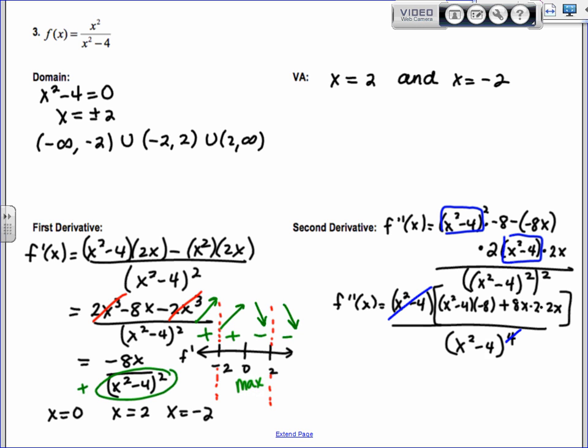And you had 4 of them on the bottom, so now you're down to 3 on the bottom. You can reduce one of them. So you have negative 8x squared plus 32, and then I have plus 32x squared all over x squared minus 4 cubed.